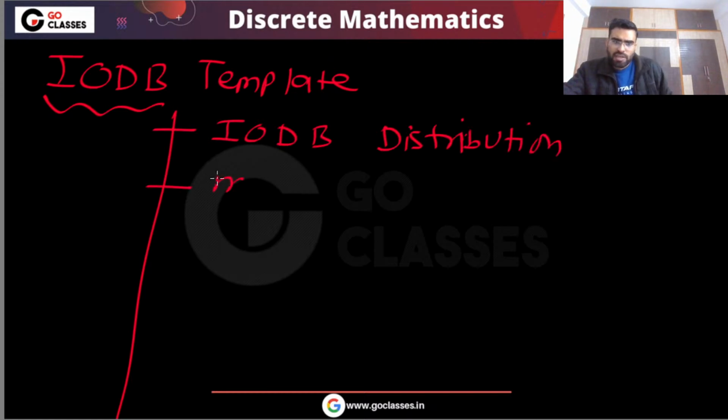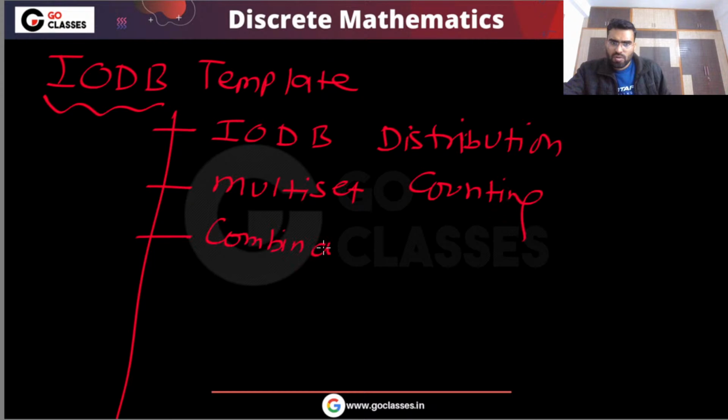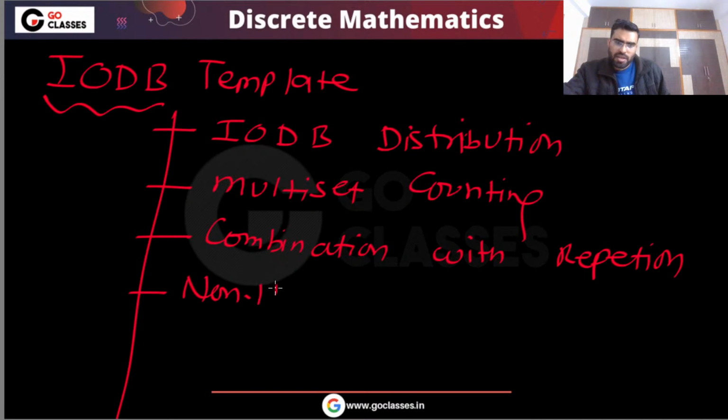Another is the multi-set problem. The multi-set counting also follows this same template. Another is combination with repetition. Another is the non-negative integer solution problem.